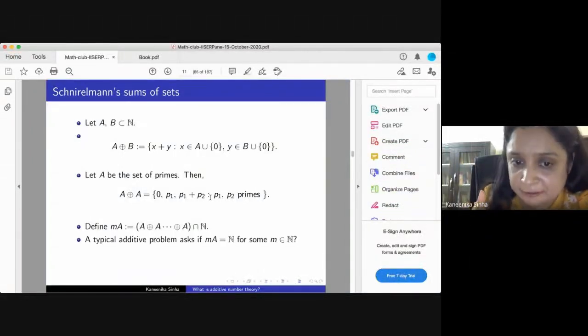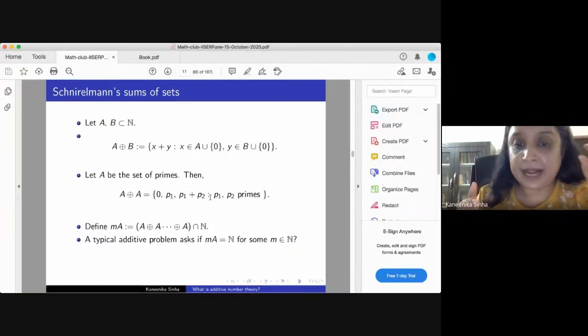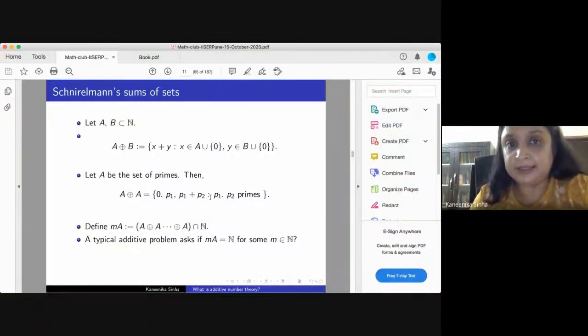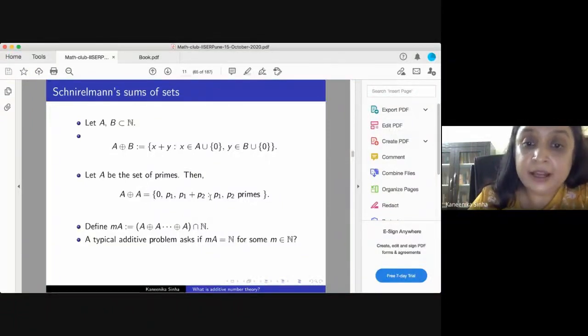So a typical additive problem will ask you whether you can find some fixed number m so that m times A, so A added to itself m many times in this kind of sum set way, will give you the set of all natural numbers.